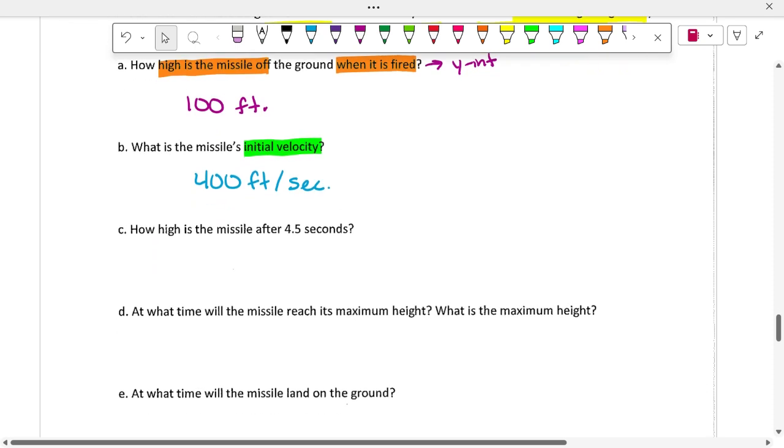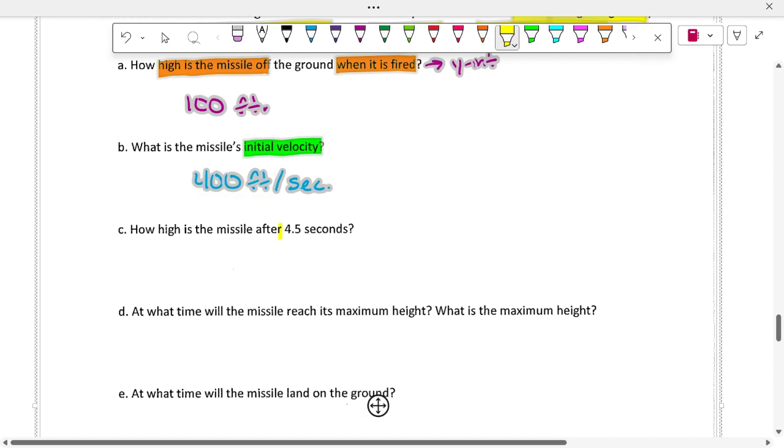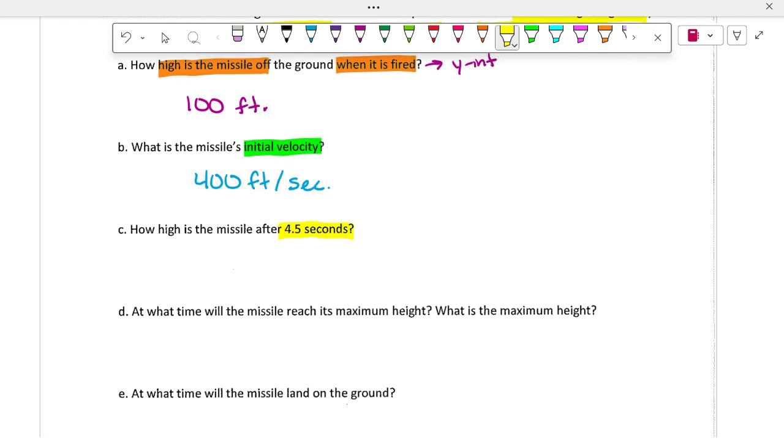Now, it then asks, how high is the missile at 4.5 seconds? So that one definitely needs to go in Desmos. But what are you putting in Desmos? Not y equals. x equals 4.5. So go ahead, put the original equation in, then put x equals 4.5 in, and find the point of intersection.